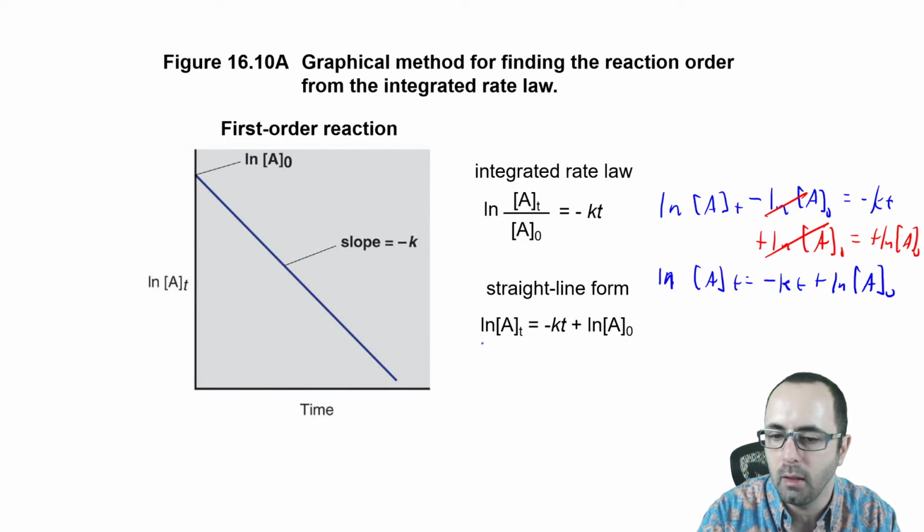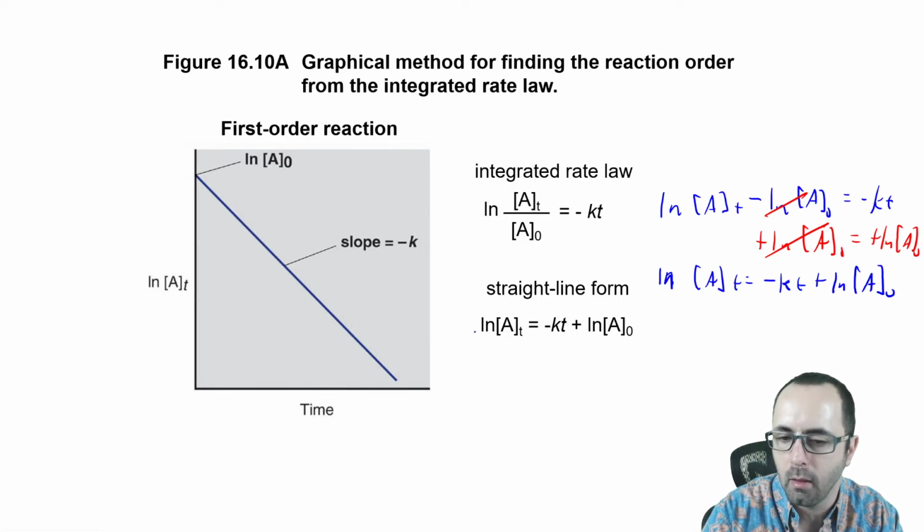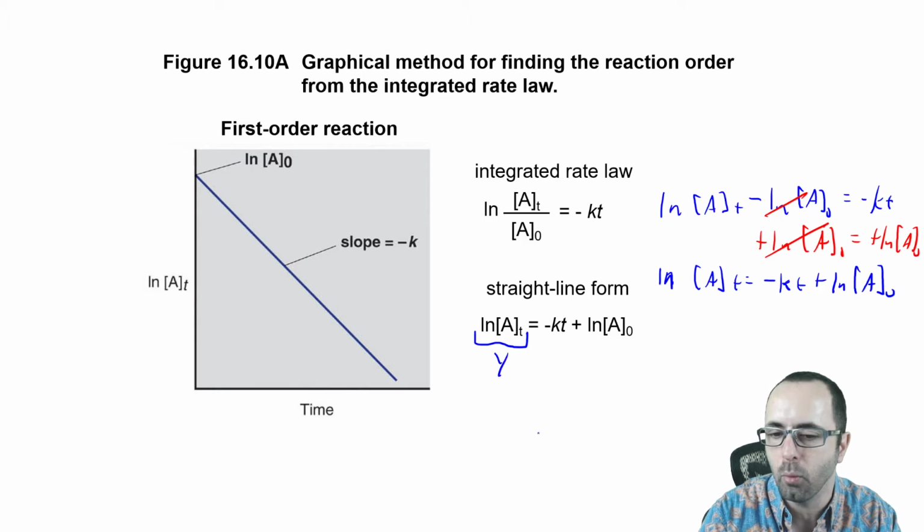And in this, notice that on the graph, the natural log of A at time t is the y value. This is y. The slope is negative k, so this equals negative k. This is m. The t here is the x.